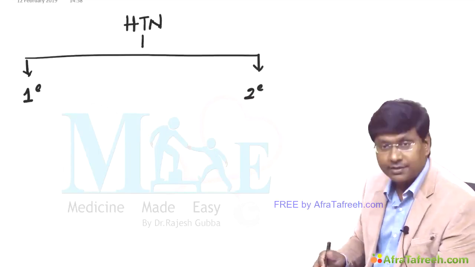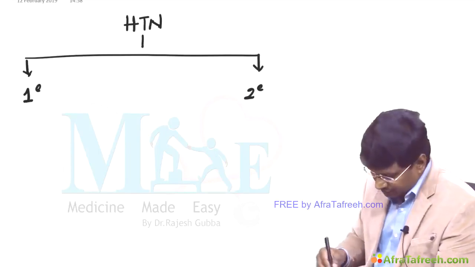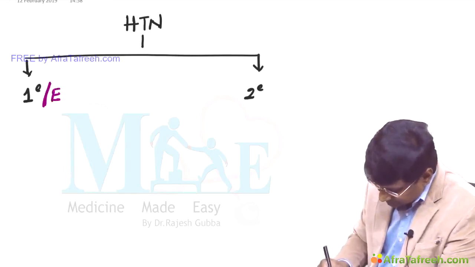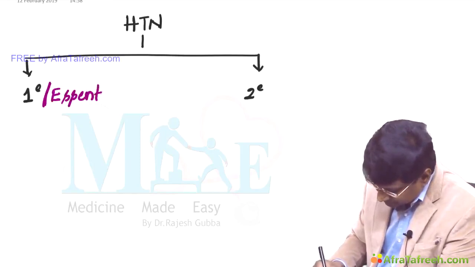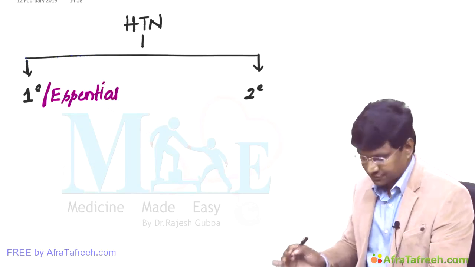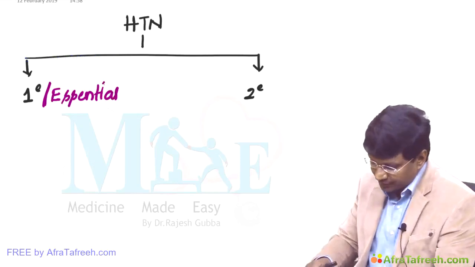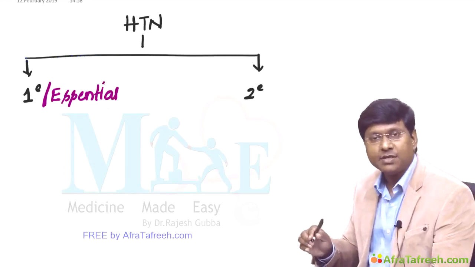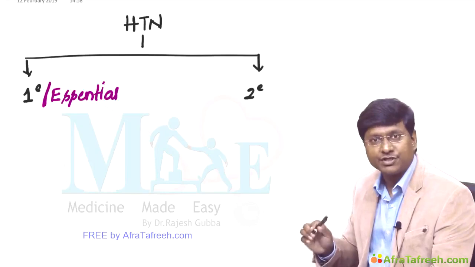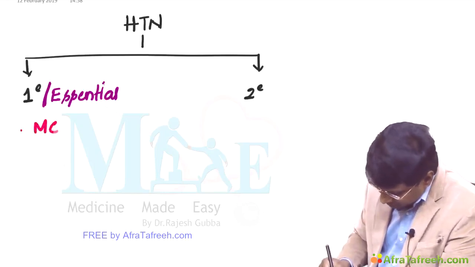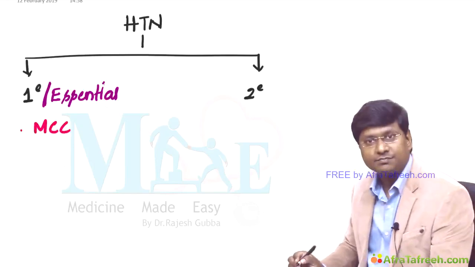And remember this point here, the primary hypertension is also called the essential hypertension. Now, a very important point that you should remember here is, out of primary and secondary hypertension, the most common cause for hypertension in adults is the primary or essential hypertension. So, this is the most common cause.